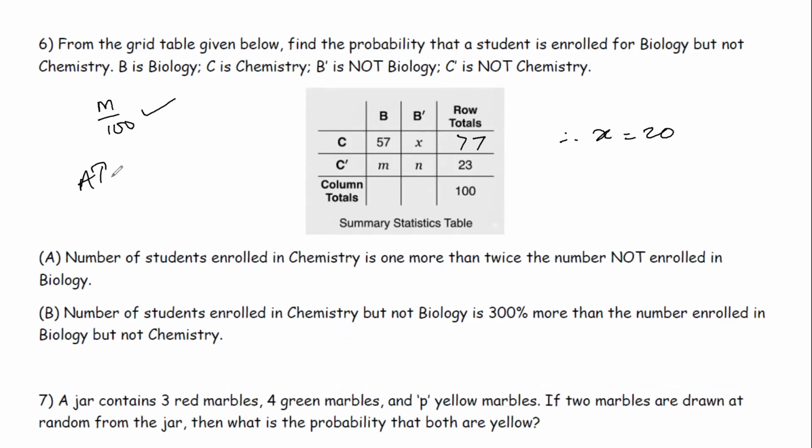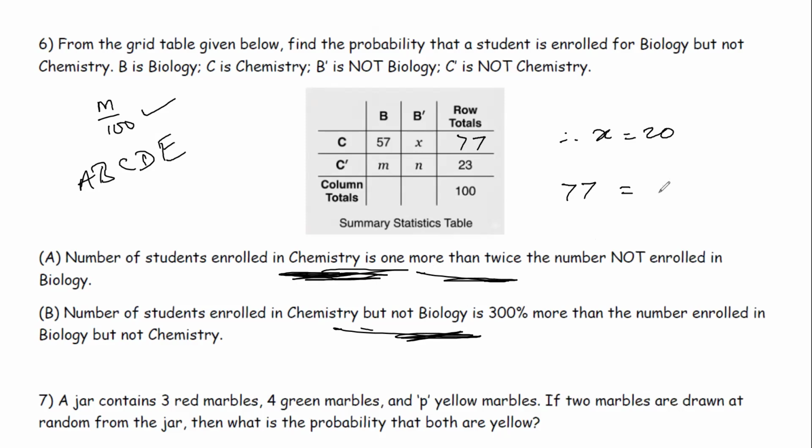First statement: the number of students enrolled in chemistry is 77. The number of students enrolled in chemistry is one more than twice the number not enrolled in biology.